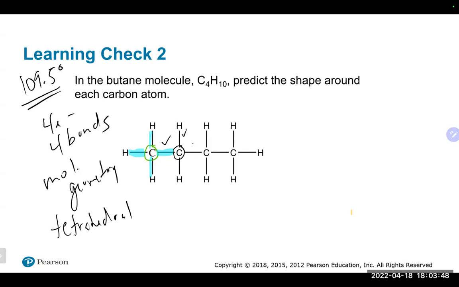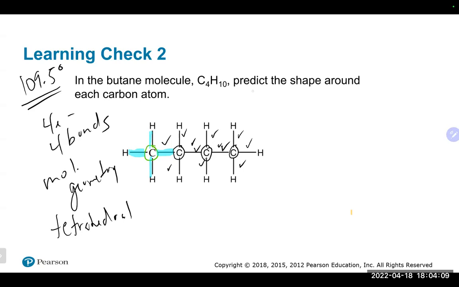This guy's got 1, 2, 3, 4. This guy's got 1, 2, 3, 4. This one has 1, 2, 3, and 4 electron pairs and bonds for each of them. When you have multiple carbons, you basically just put your hand over the other part and look at each carbon separately. So they all have that tetrahedral arrangement.